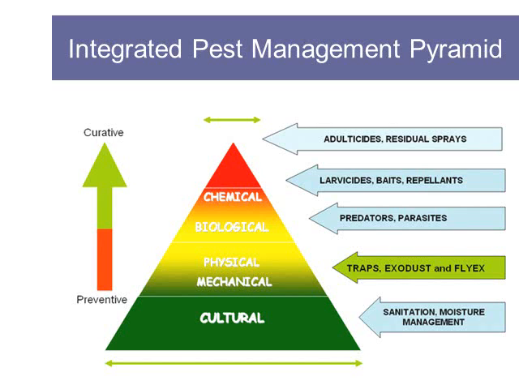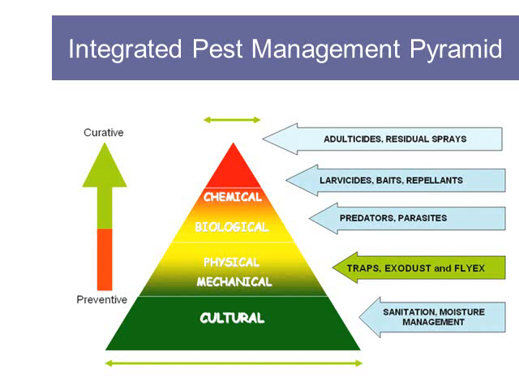Then predators and parasites, releasing them or encouraging them. That's the biological control. The last one is chemical control, again using very small amounts of chemicals, but very targeted: larvicides, baits, repellents, things that remove them from the area or prevent them from reproducing, but don't kill off the entire population.